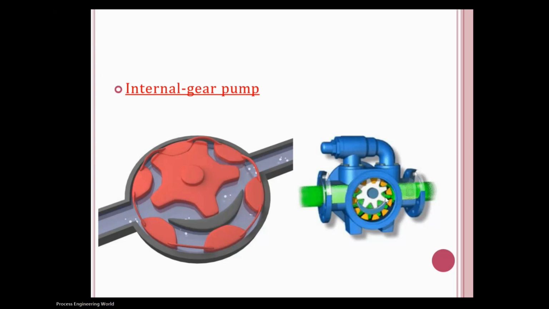Density also does not matter. See, density matters if it is a highly viscous fluid. A centrifugal pump has its own limitations. I think centrifugal pumps can handle fluids of viscosity up to around 10,000 cP.